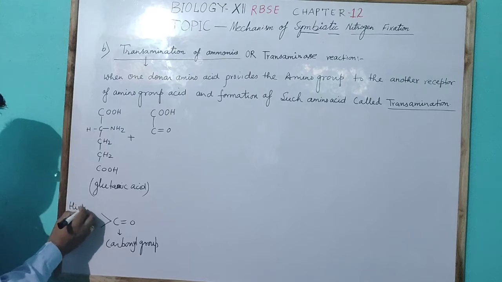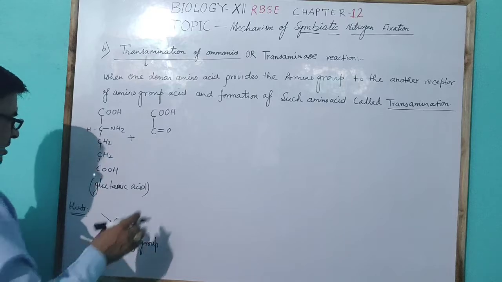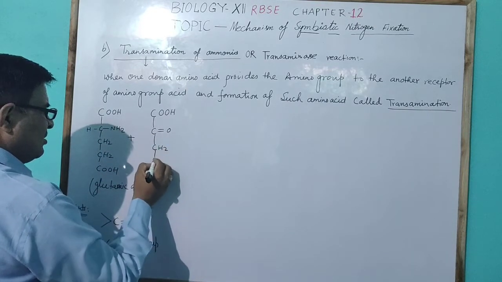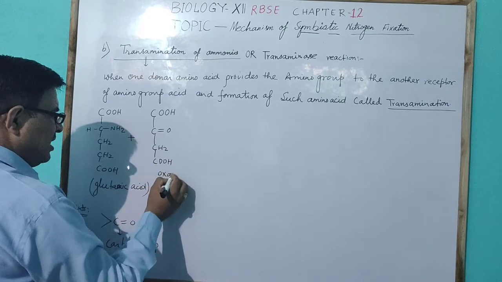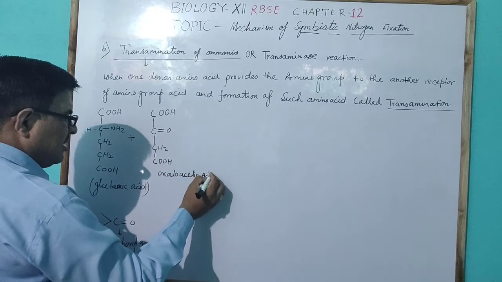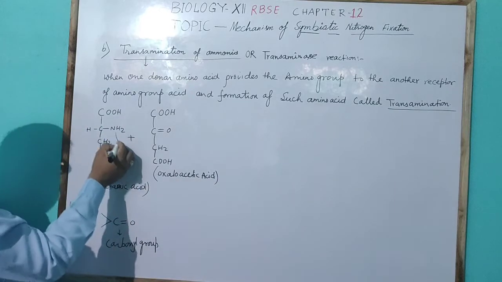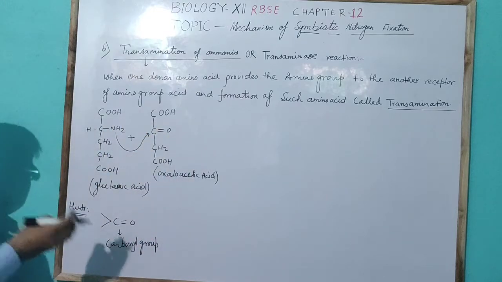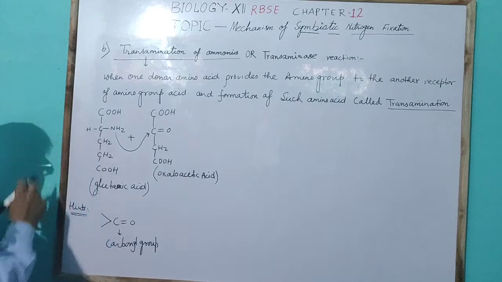And here this generally contains 4 carbon, and it is called oxaloacetic acid. Now the amino group transfers to the alpha carbon. This is the alpha carbon, and this is also alpha carbon.